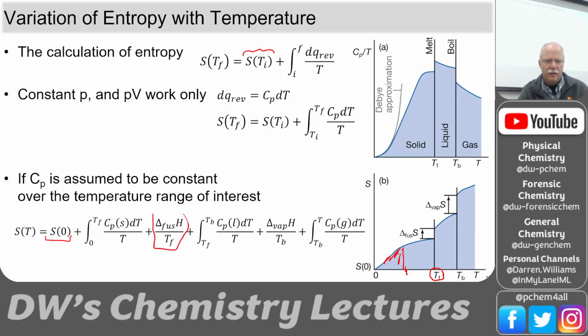But if we go past the melting point, then we take into account the melting piece. So this is melting. And then if we're heating up the liquid, say our temperature was right here, then we would stop at this point. But if we go past the boiling point, so this is heating up the liquid, and then we have the boiling, and then we're just heating up the gas.